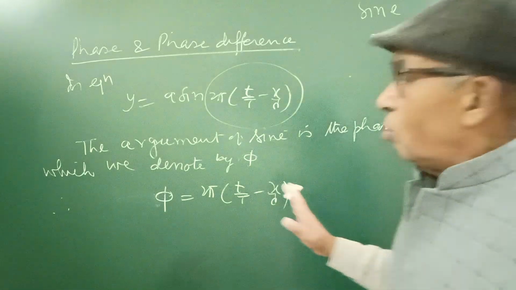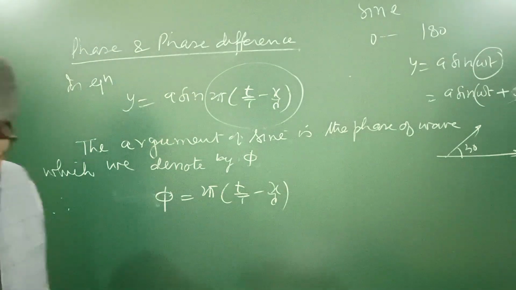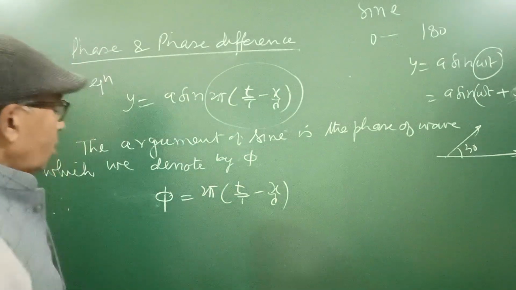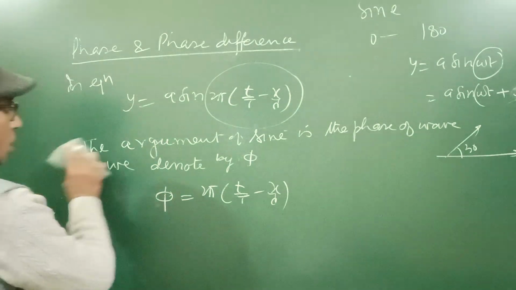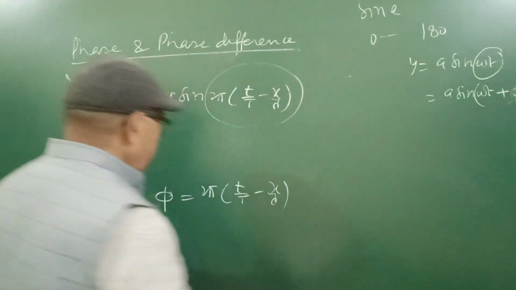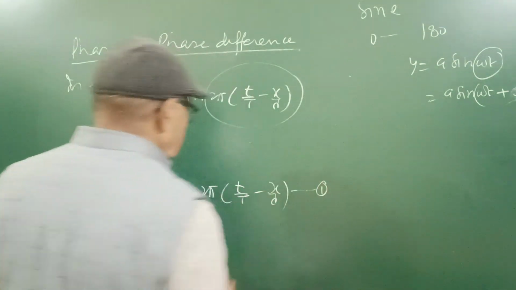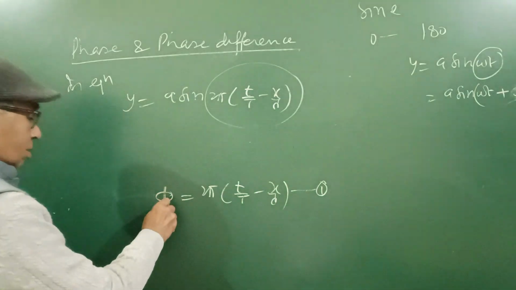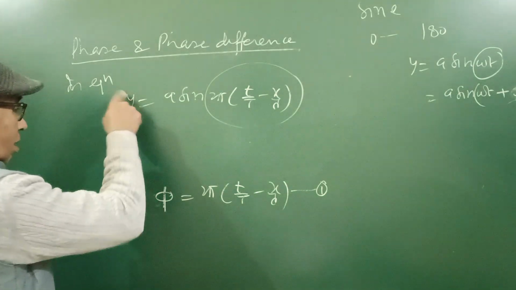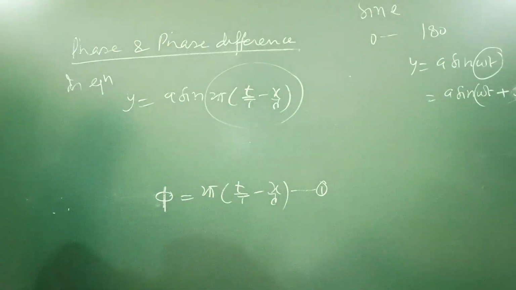So when we are talking about phase, we are concerned only with the direction of the displacement or velocity, etc. So this equation one tells the direction of a particle having displacement y at time t at distance x.